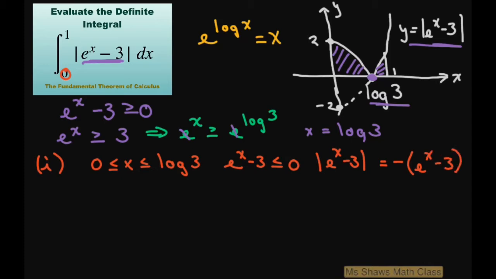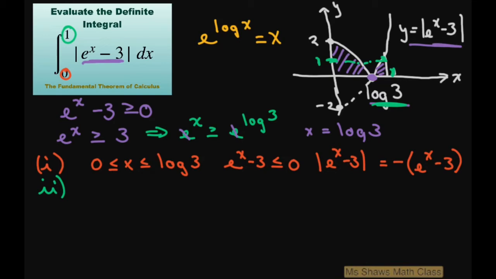Now we want to look at the 1. In case 2, we start at log of 3 and go to 1 on the x-axis. So this should be 1 right here, and it should hit about right there. It's just a sketch.